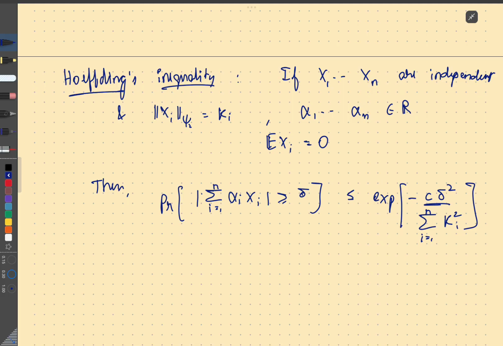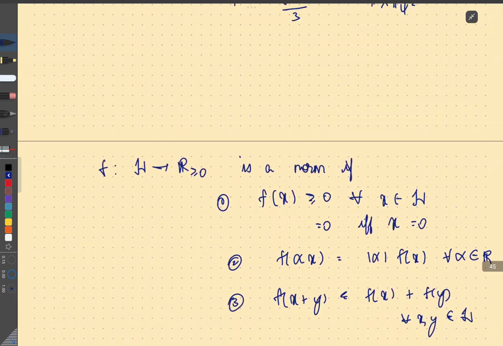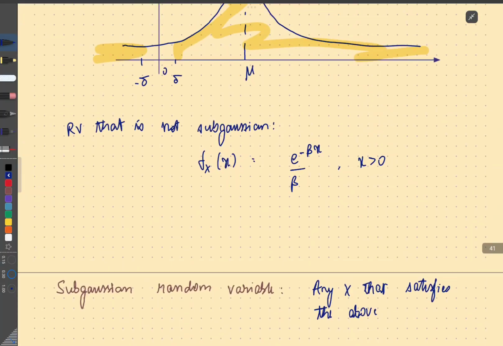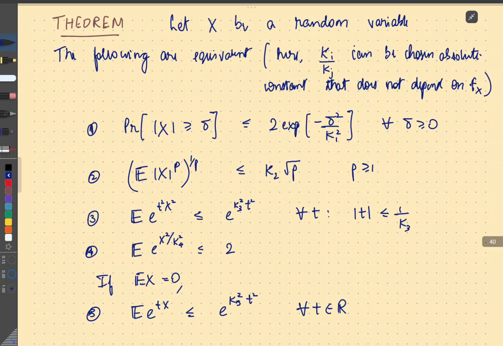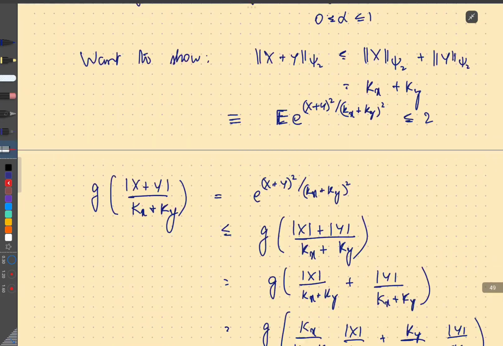And here I've basically used the first property of the theorem. So if x is Subgaussian with parameter k, then the probability that mod x is greater than or equal to delta is less than or equal to 2 times e to the minus some constant times delta square divided by the Subgaussian norm square. So I should perhaps have a 2 in this inequality here.